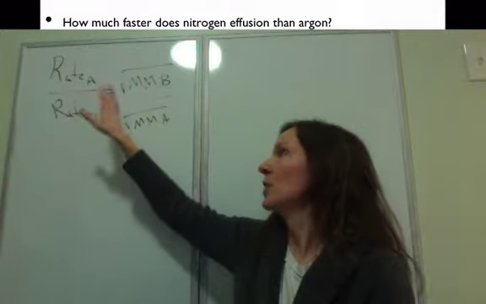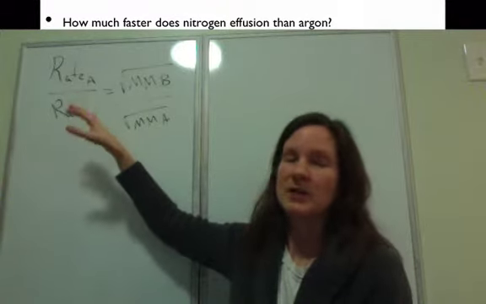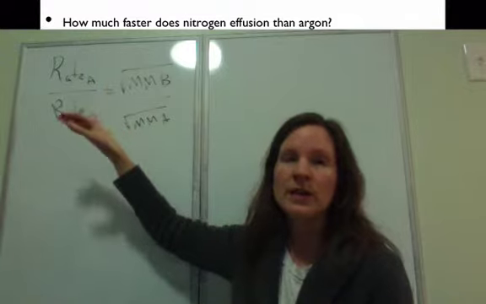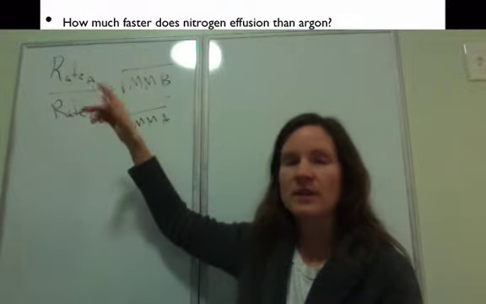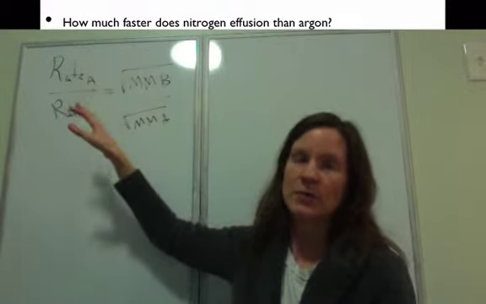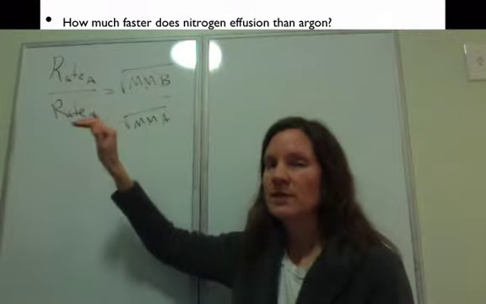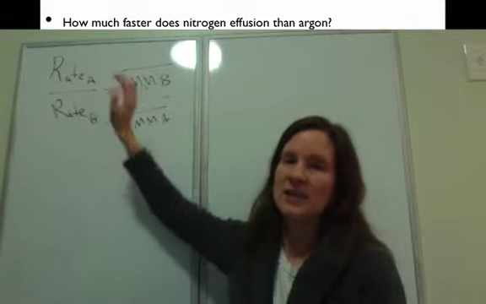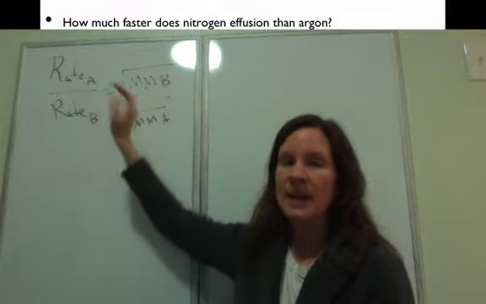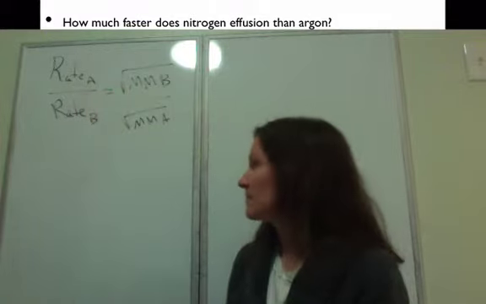If you flipped it instead, and put argon on top, it would be the inverse relationship. So whatever you're referencing should be your A. How much faster is nitrogen than argon? A is going to be nitrogen.